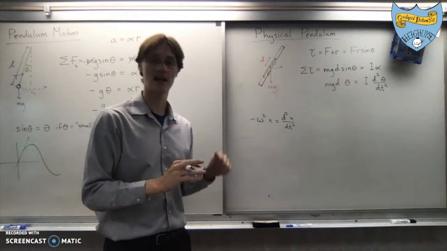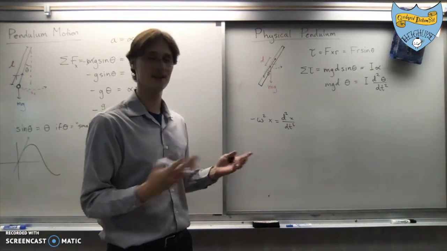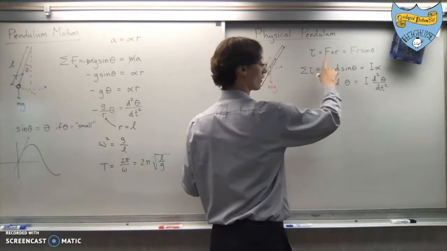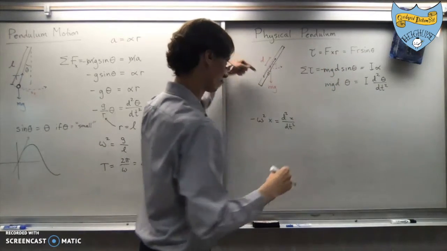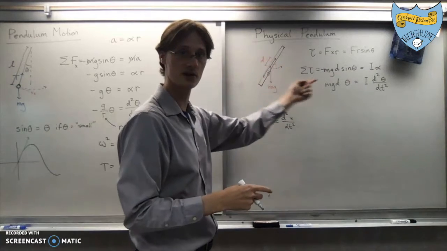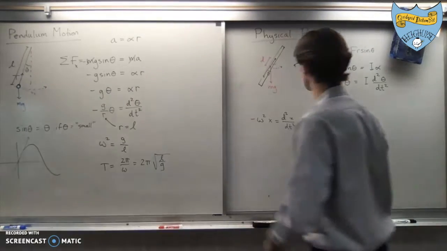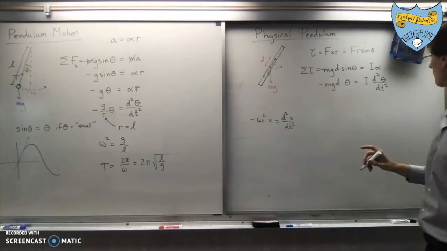So somehow we need to have a negative sign in here. Insert it wherever you feel like, but the idea here is that the torque that's acting is a restoring torque, which is going to push the system back towards the equilibrium position, which is to say, hanging vertically.